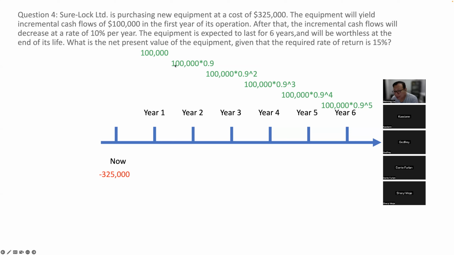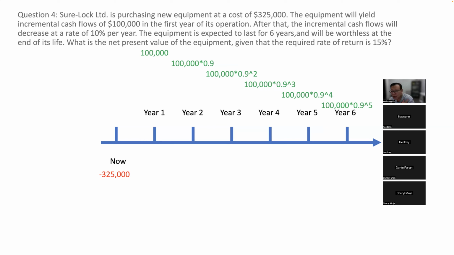So you calculate 100,000 times 0.9, and the third year will be a further 10% decrease, so you multiply by 0.9 to the power 2, and then power 3, power 4, power 5 at year 6. So the cash flow is decreasing over time, which is reasonable because the equipment is getting old and the ability to earn money is decreasing, right? So this is the situation.